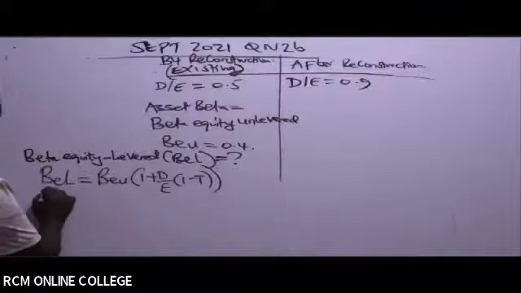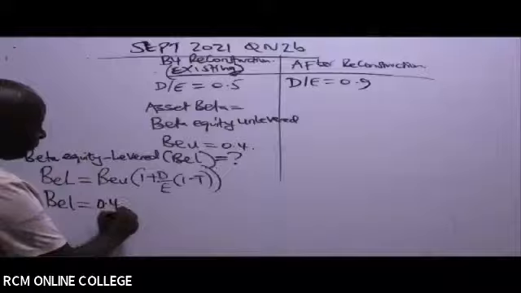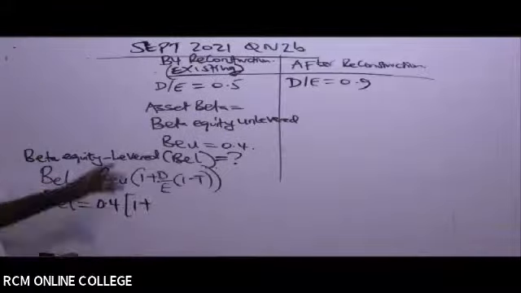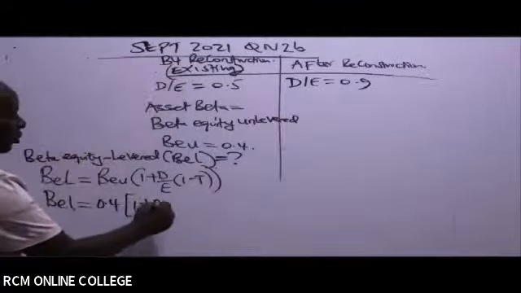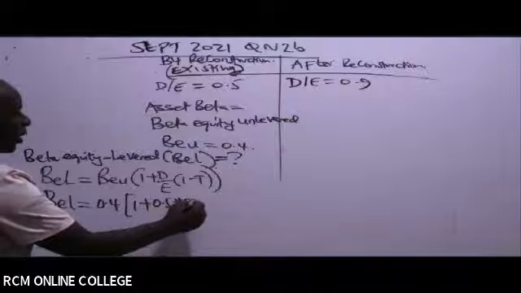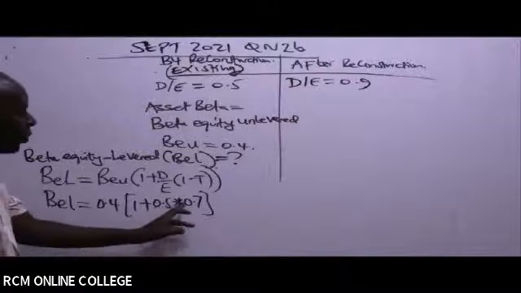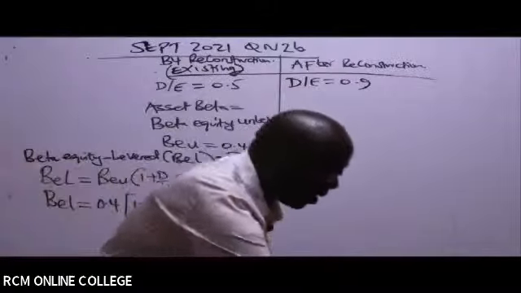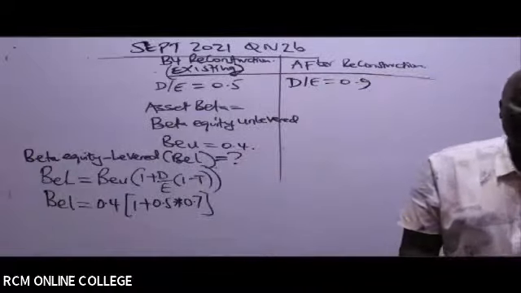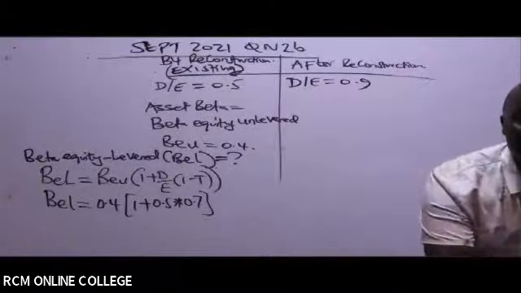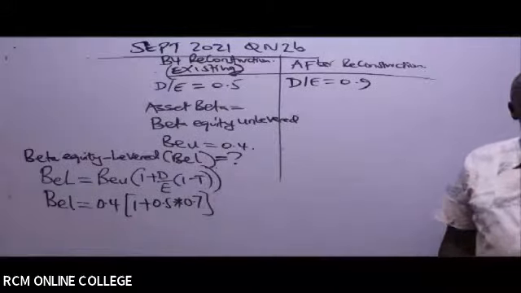Our BEL will be equal to BEU, which is 0.4, times 1 plus the debt to equity ratio, 0.5, times 0.7. Where have I gotten this 0.7 from? From the note, corporation tax rate is 30%. 30% is 0.3, and 1 minus 0.3 is 0.7.